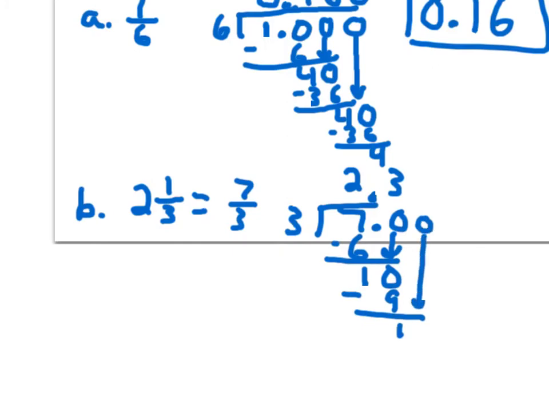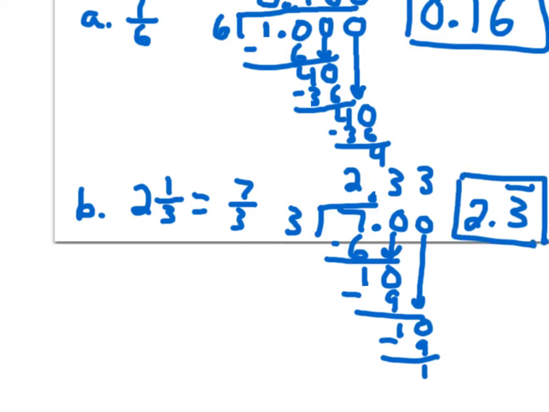And I bring down another 0. And look here, I've got 10 again. We know 3 is going to go into 10 3 times again, and 3 times 3 is 9. I subtract, and I get a 1, so that means I'm going to get 10 again. So my 3 is going to repeat itself. So I write 2, point, and then my repetend is 3, so I put the repeating bar above it: 2.3 repeating.